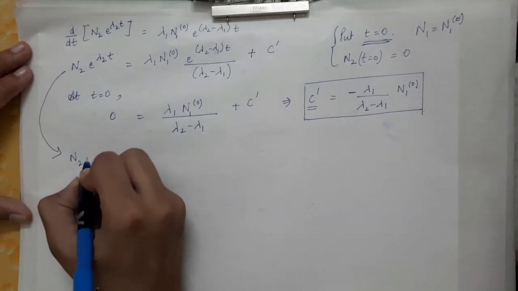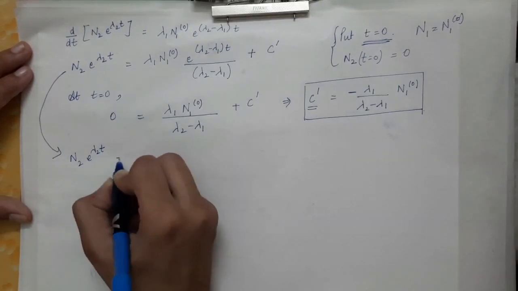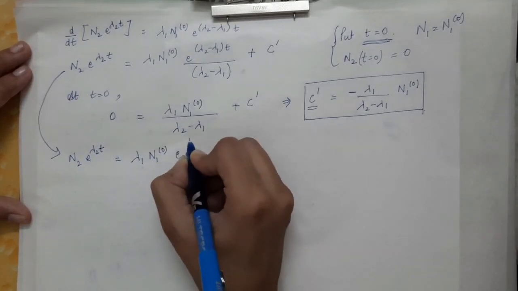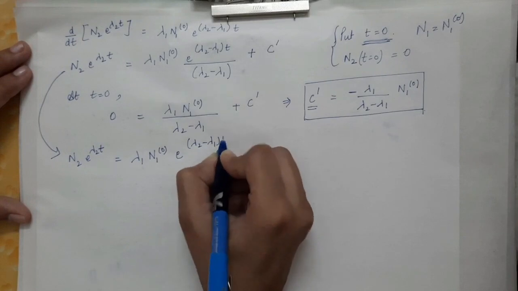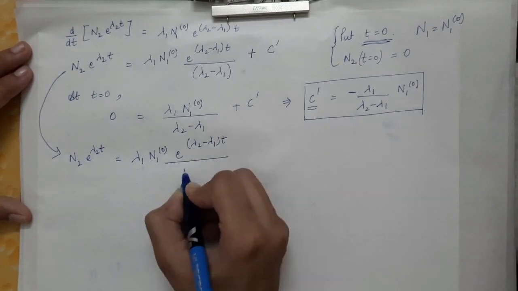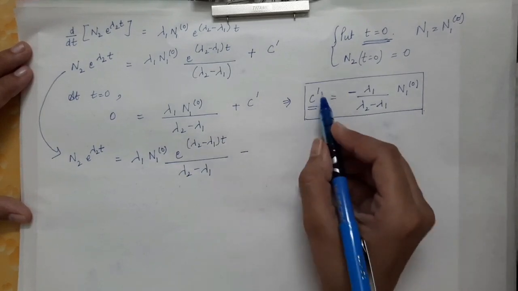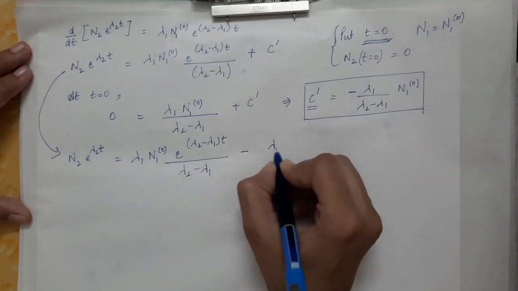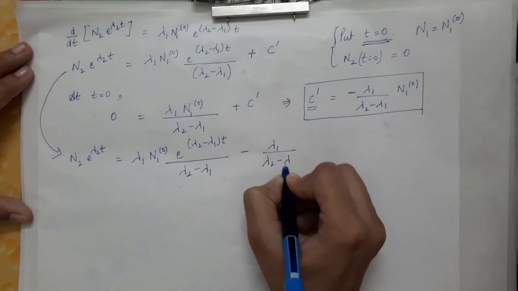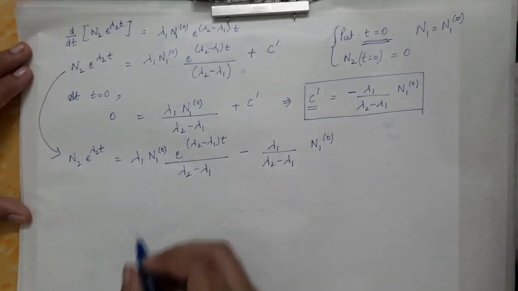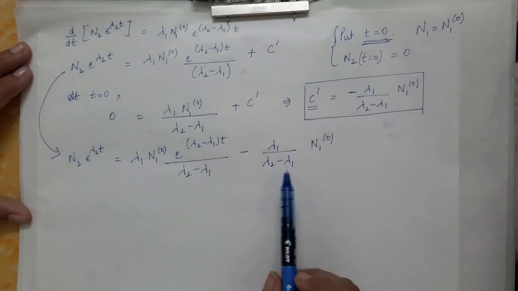You will get n2 into e power lambda 2t is equal to lambda 1 into n10 into e power (lambda 2 minus lambda 1) into t over (lambda 2 minus lambda 1), plus c prime, and c prime is minus lambda 1 over (lambda 2 minus lambda 1) into n10. Now we will take the common terms.